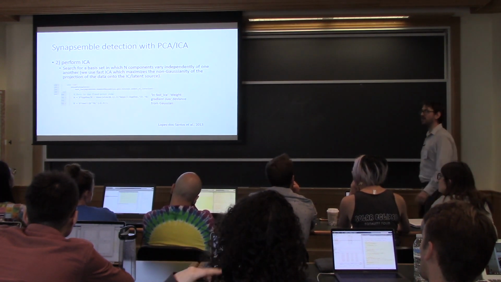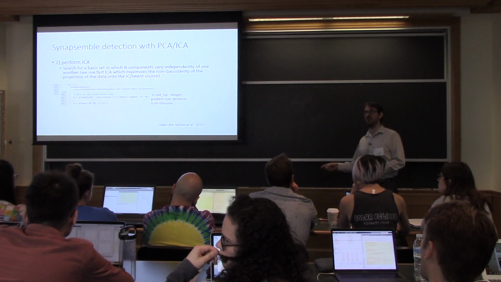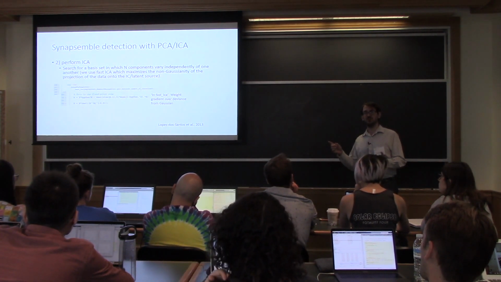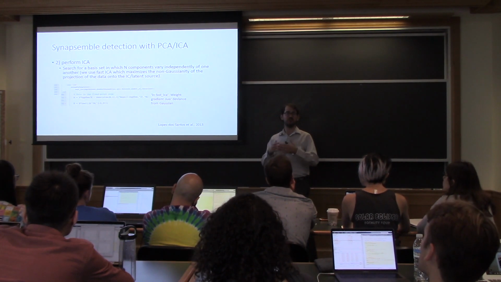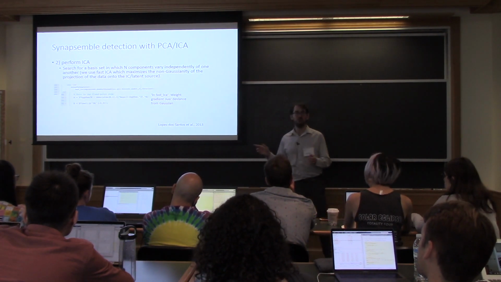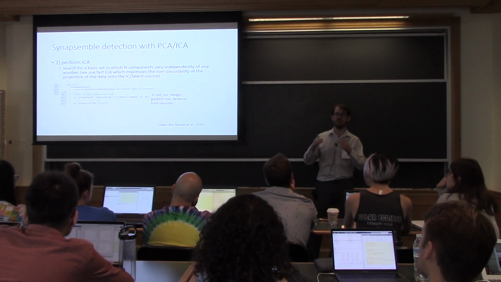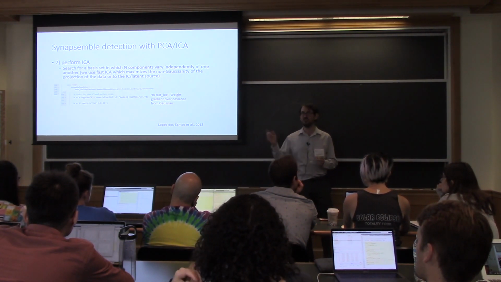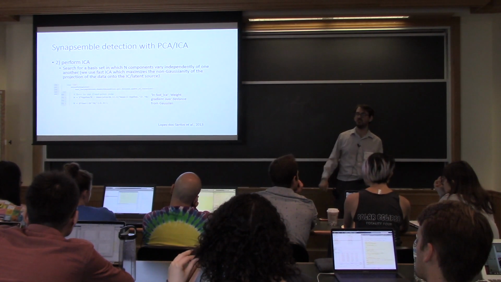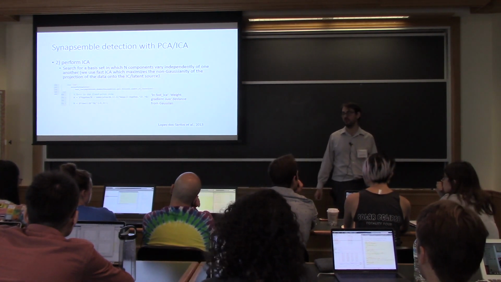And so one of the ways to see if you have a case where you don't have a bunch of random variables is to look for something that's non-normal. And so you can look at how Gaussianly distributed your latent process is and use that as your cost function to try to find the best weights to go from your original data onto your independent component.